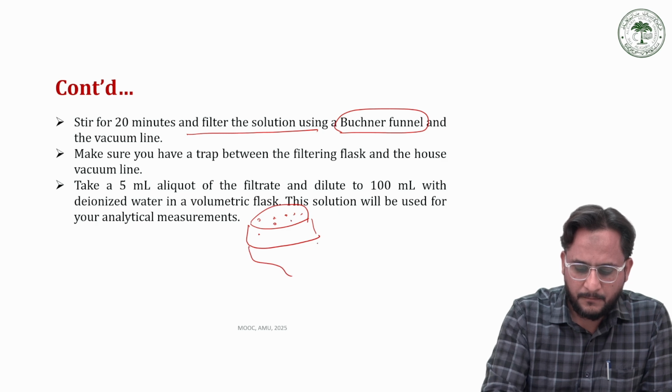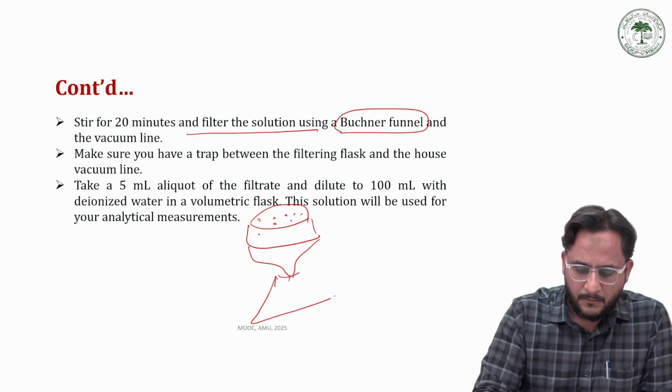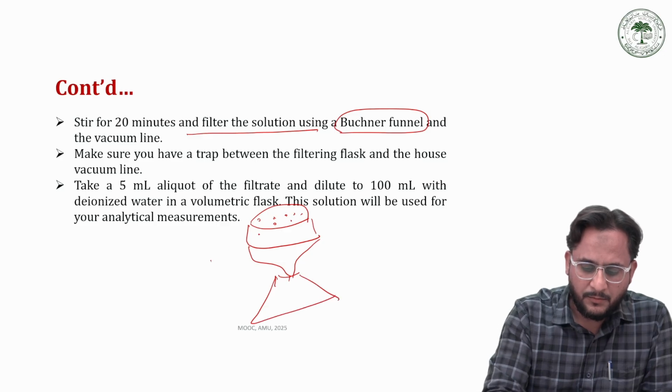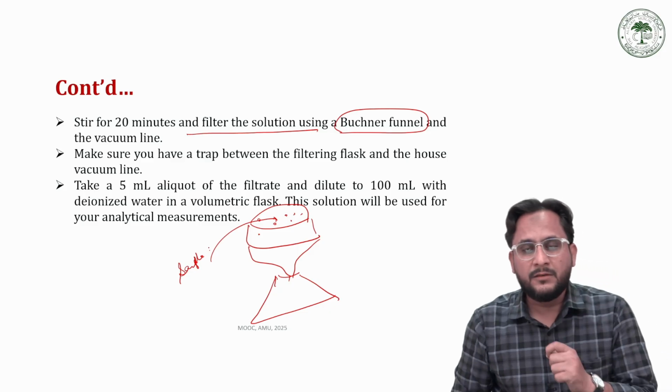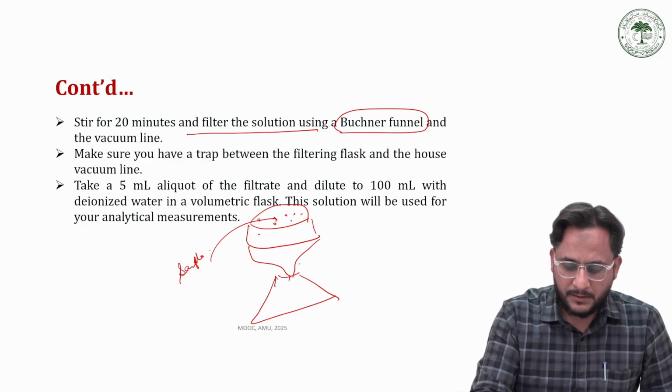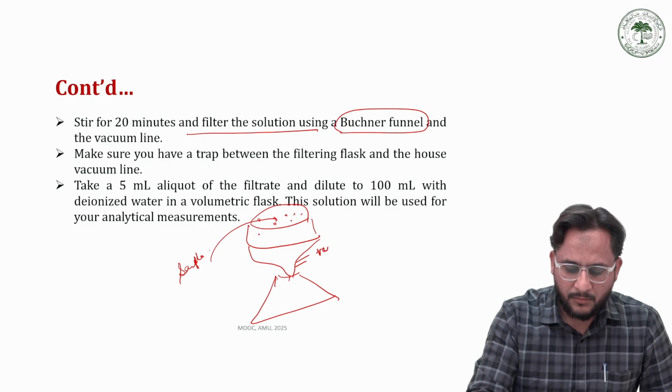And this funnel we attach to a flask. We pour the sample here. The advantage of using a Buchner funnel is that it has a provision for creating vacuum by running tap water.